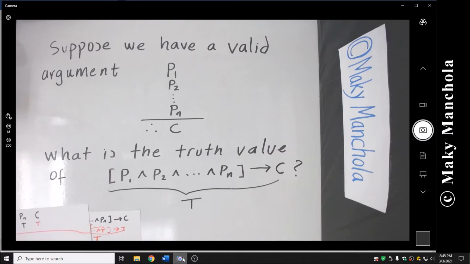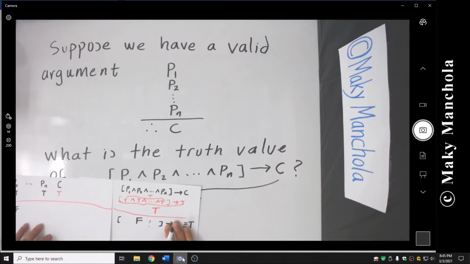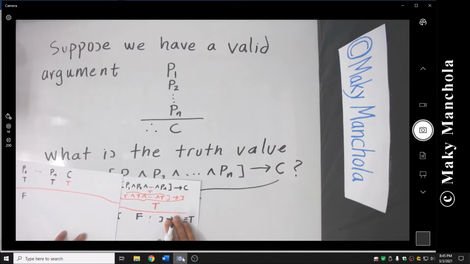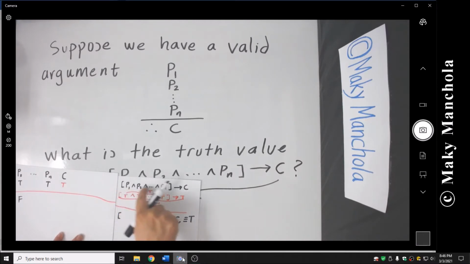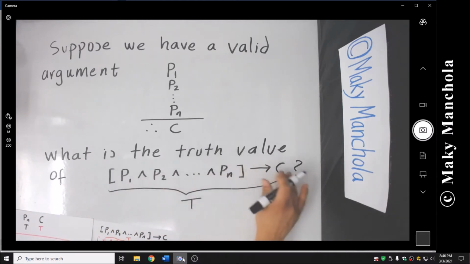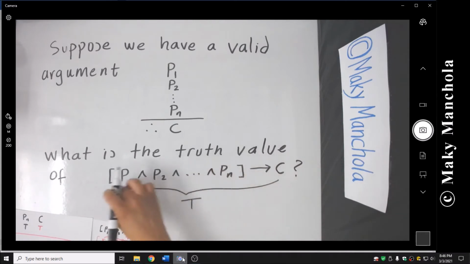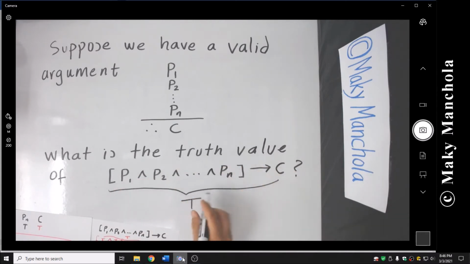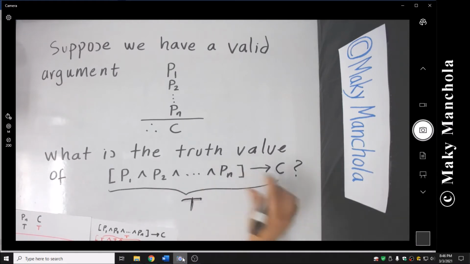In other words, the statement form, conjunction of the premises implies the conclusion, happens to be a tautology. Because no matter what combination of truth values you put for the premises and the conclusion, your outcome is always true. So we conclude that it is a tautology. It's always true, so it is a tautology.